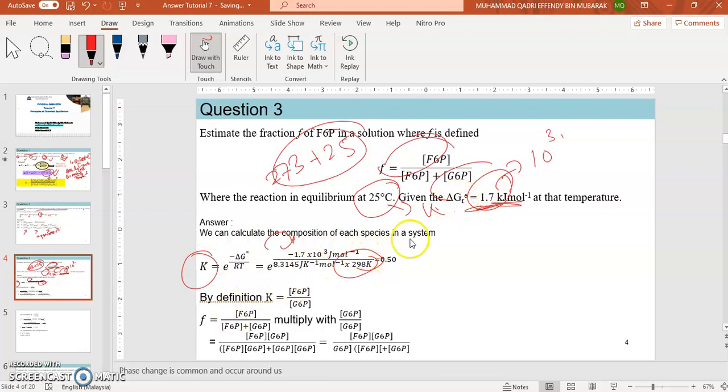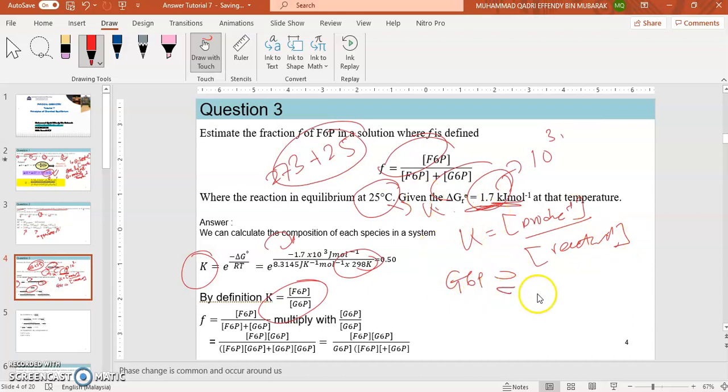And by definition, we need to remember that K equals the concentration of product over the concentration of reactant. So here we know that G6P is converted to F6P.